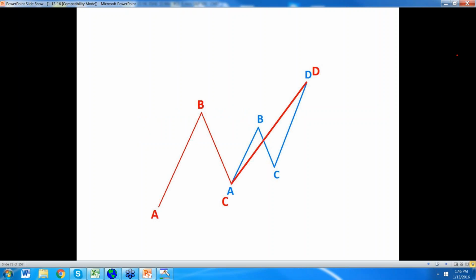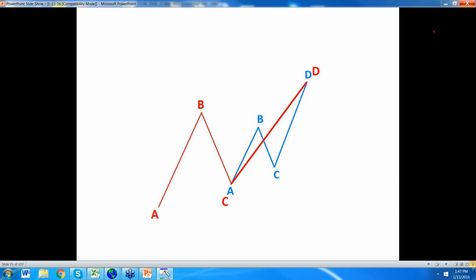In other words, the CD leg in red is broken down to an ABCD, where this high here does not go higher than that high. Well, if this thing is unable to bust above that high, does this make this configuration a weaker or stronger setup compared to measure moves in a series?